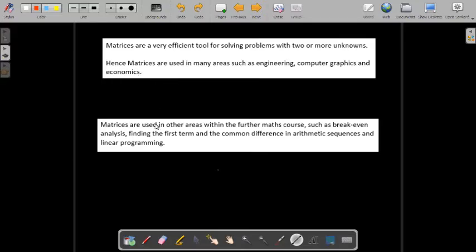We are going to use matrices in other methods of the further course. We could use it in break-even analysis in financial maths, finding the first term and the common difference in arithmetic sequences, and it can also be applied to linear programming.